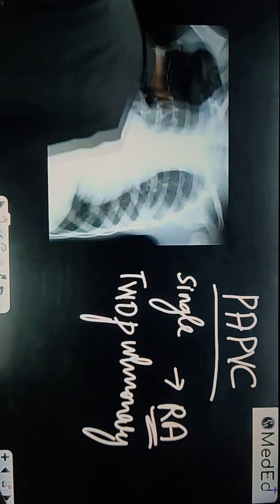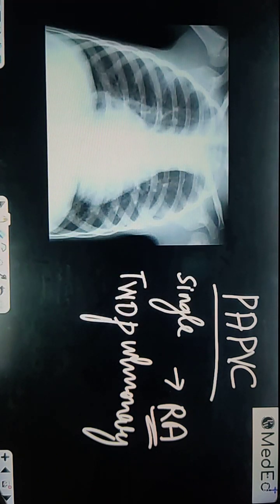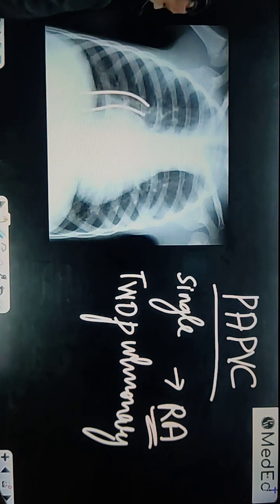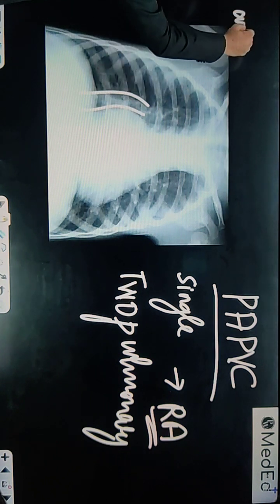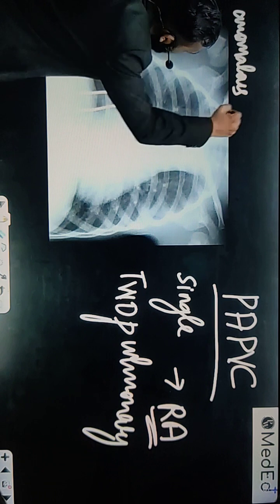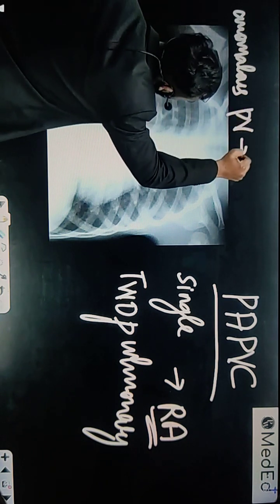Or even the SVC. This is a characteristic X-ray that you guys should be aware of, where you can see a linear radiopacity. This radiopacity is formed by the anomalous pulmonary vein that is draining into the IVC.